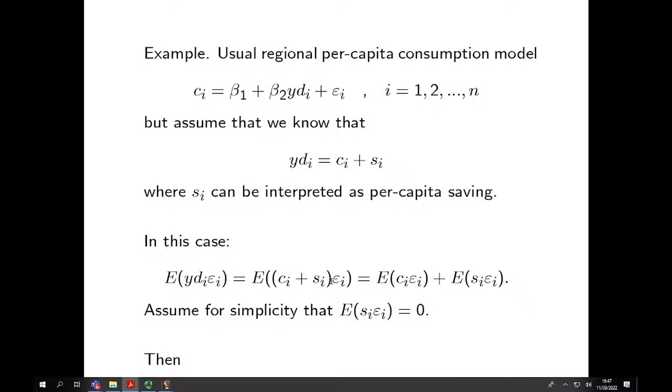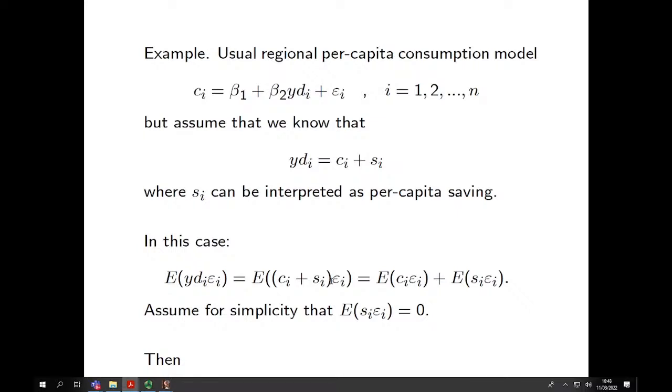And then I go on with the linearity of the expected value. So I have to compute the expected value of per capita consumption times the error plus saving times the error. Now, just to simplify our computation, let's assume that we know from our theoretical model that saving is completely exogenous, given.